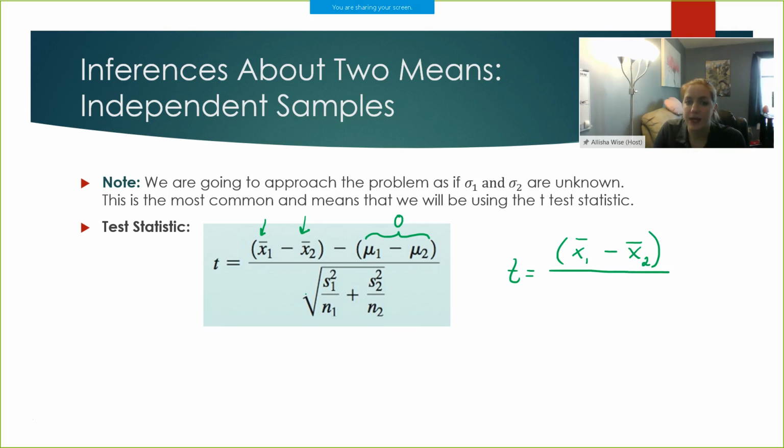In the denominator, what we're going to do is take the square root of our sample standard deviation in group 1 squared divided by the sample size in group 1, add it to the sample standard deviation in group 2 squared, divided by n2.